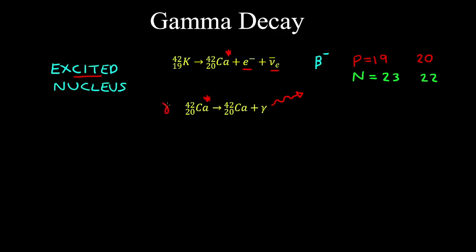So this here is an example of gamma decay, which does not alter the identity of the nucleus because it has the same number of protons, so therefore the same identity, being calcium. But gamma decay allows a nucleus to relax and shed energy. So essentially the nucleus emits a photon of energy to drop to its ground state.